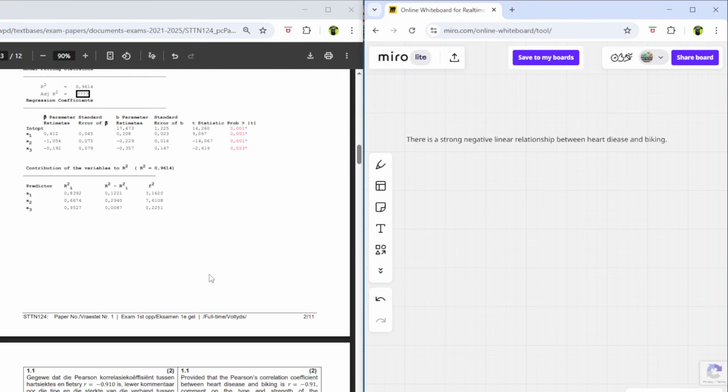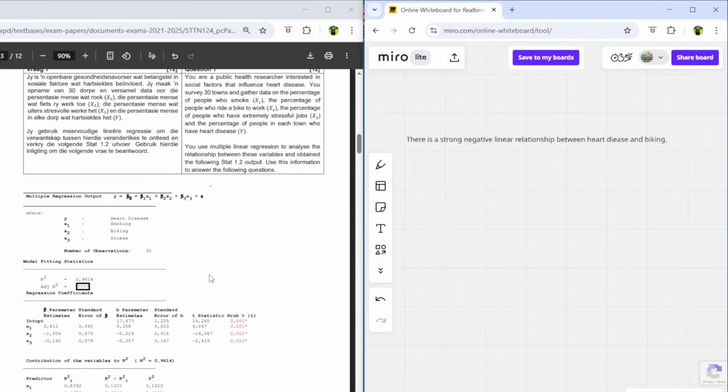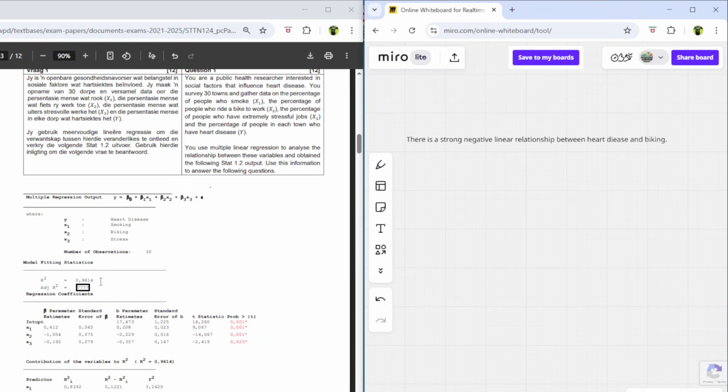So they said state the coefficient of determination is 0.9614. That's exactly how you're going to say it.